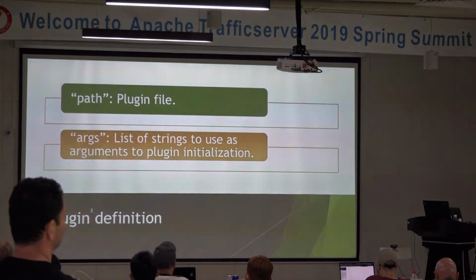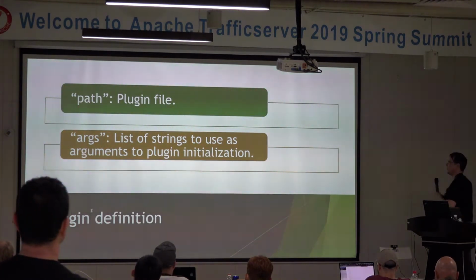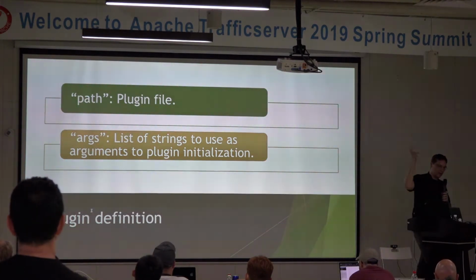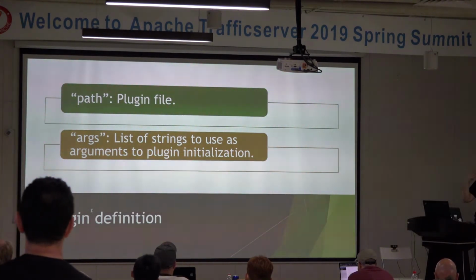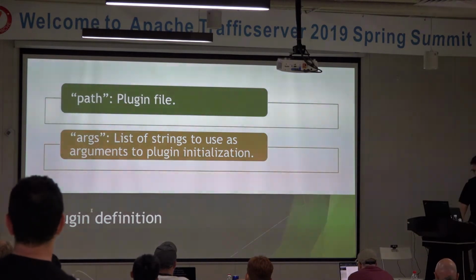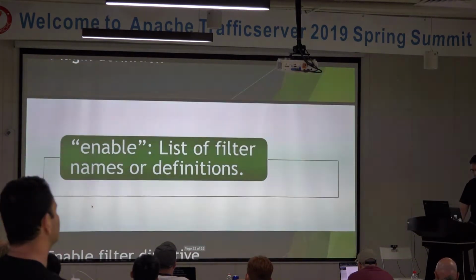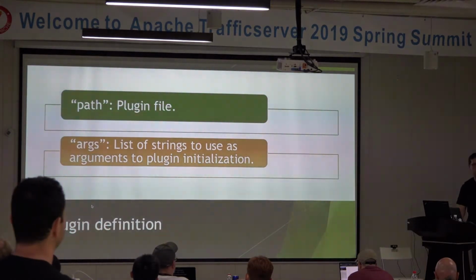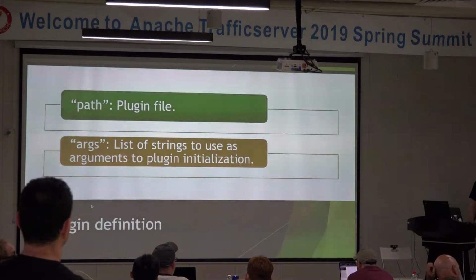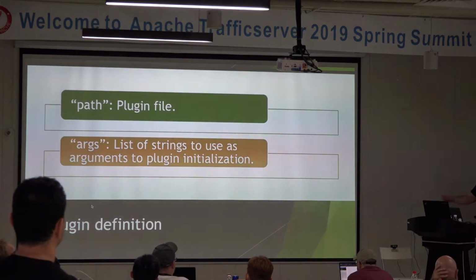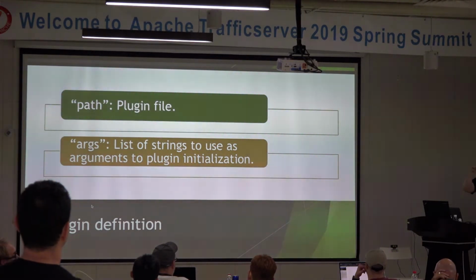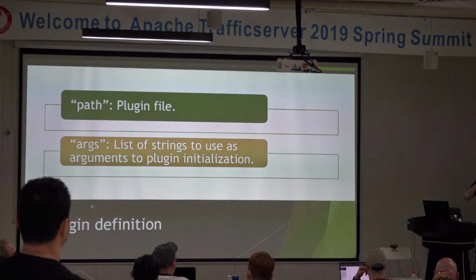So the plugin object is much simpler. You give it a path to the dynamic library, and you give it a list of strings. The strings just pass the argument exactly the same way we do it now. Yeah, it'll be ordered the same way it is now. In the current one, you say at plugin, and it runs in that order.